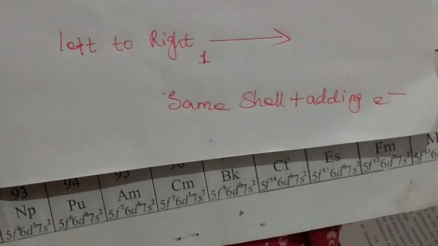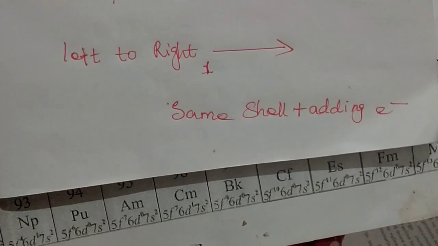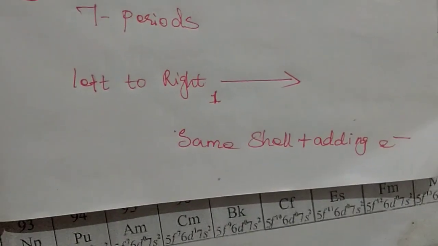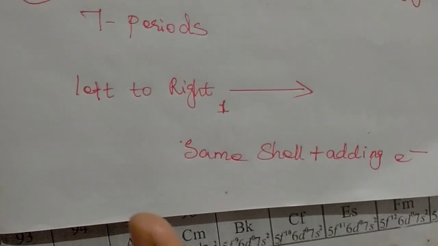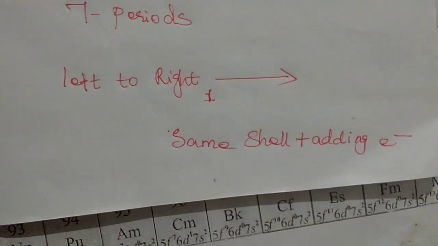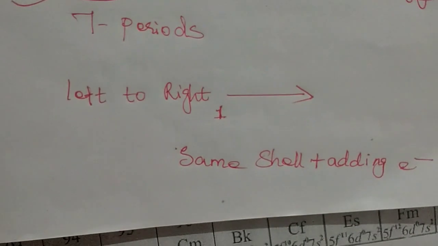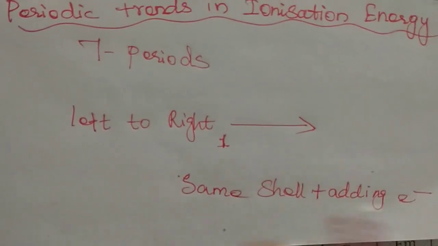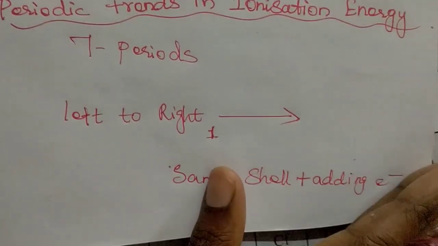They require more energy to remove the valence electron, resulting in higher ionization energy. So increasing the electrostatic attractive force on the valence electron requires more energy to remove one electron. This is ionization energy.